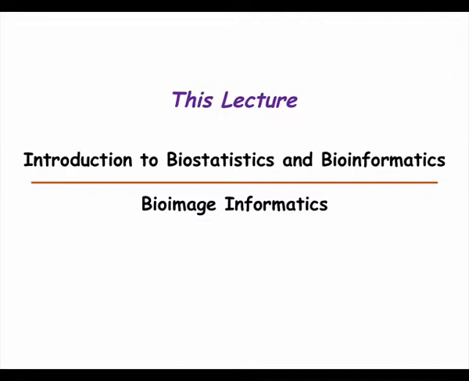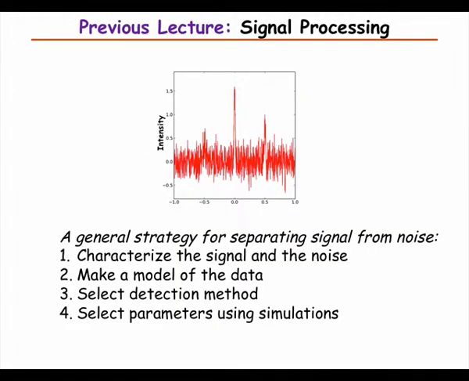Okay, so today we're going to talk about image informatics. And last time we talked about signal processing of one-dimensional signals. So this is just now expanding that to 2 dimensions instead. And a lot of the approaches are quite similar, but there are some approaches that are specific to images.